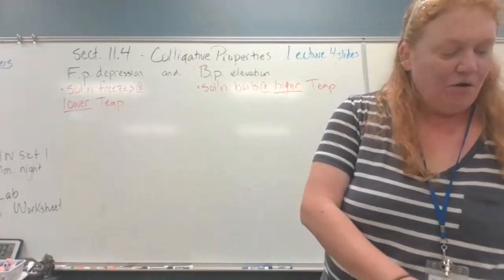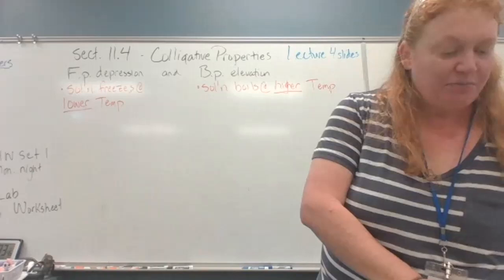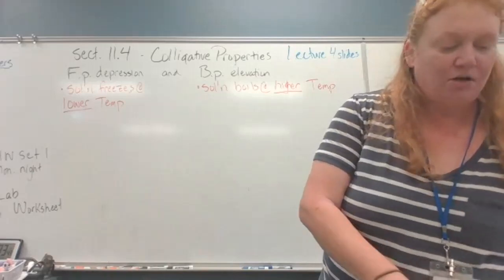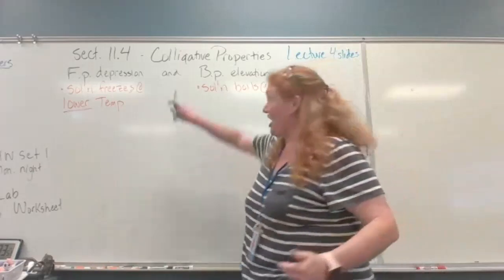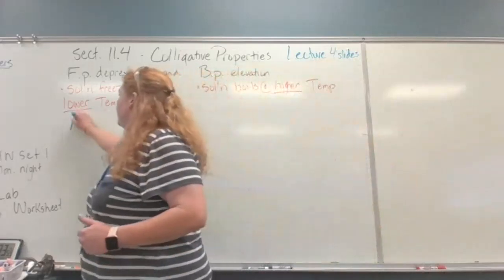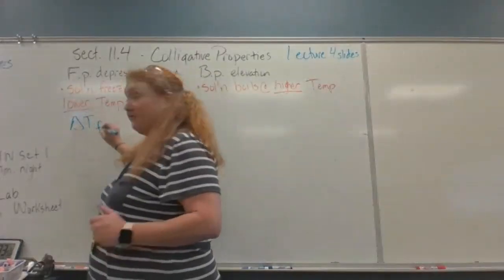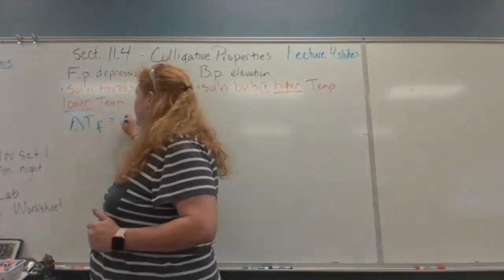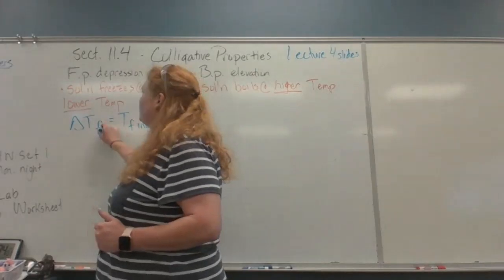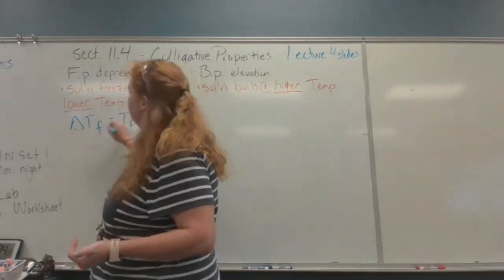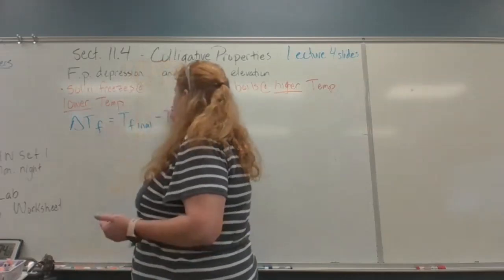Okay, so when we talk about the elevation or the depression, we are talking about solving for or measuring a delta T, a change. Delta T of the freezing point is what? Final minus initial.